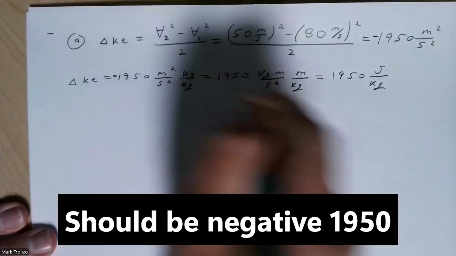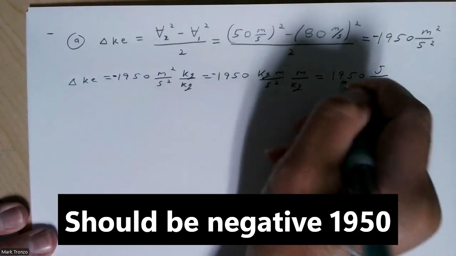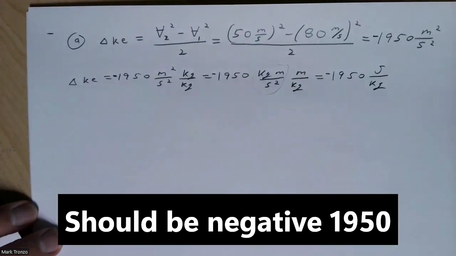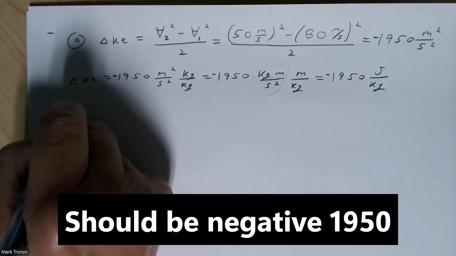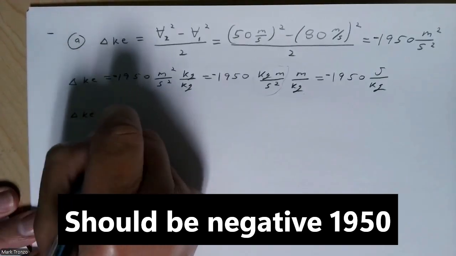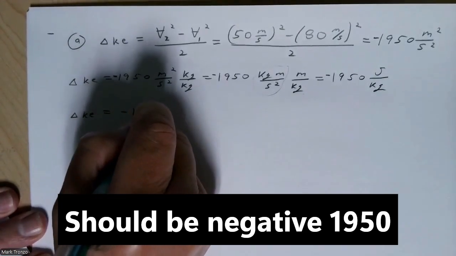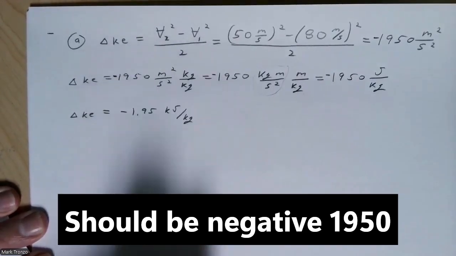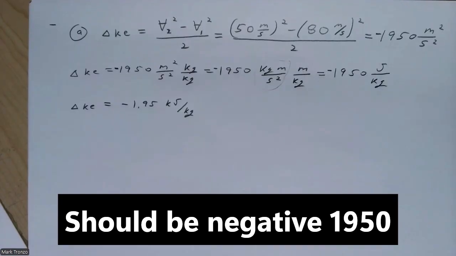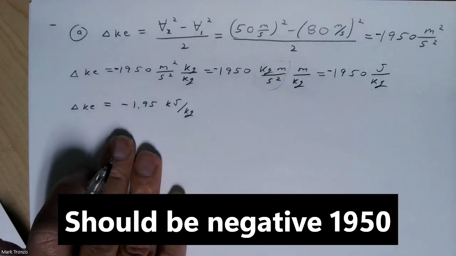Please fix that. So we have something like this. Or finally, if you want to change it to kilojoules, this is going to be negative 1.95 kilojoules per kilogram, like this. So that's going to be the change in kinetic energy.